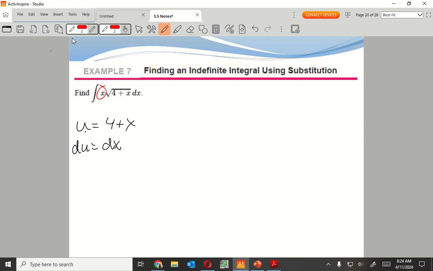Yeah. So what I'm going to do is say since u is equal to 4 plus x, x is going to be equal to u minus 4. So I'm going to subtract 4 from both sides, and so this is just an algebra step here.